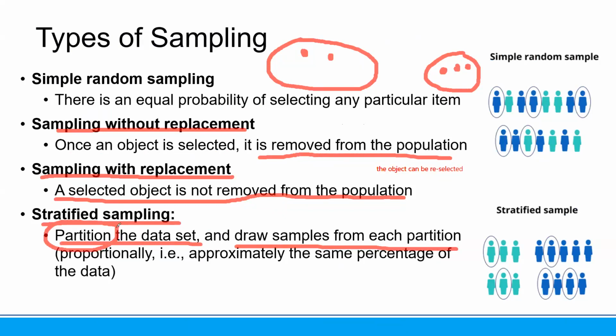From each partition, I would like to do the sampling. Because this is stratified sampling, it will have the correct proportion. It will better represent the population.